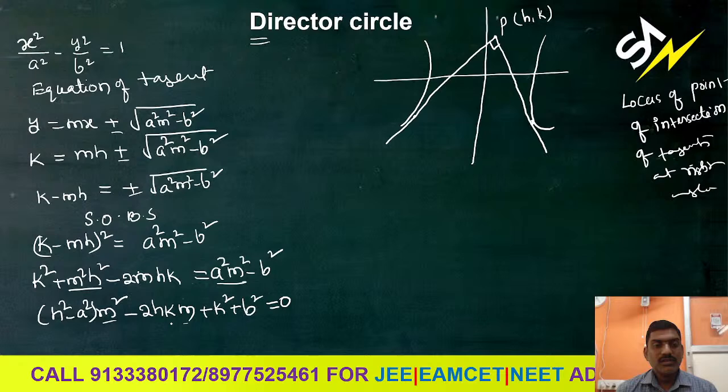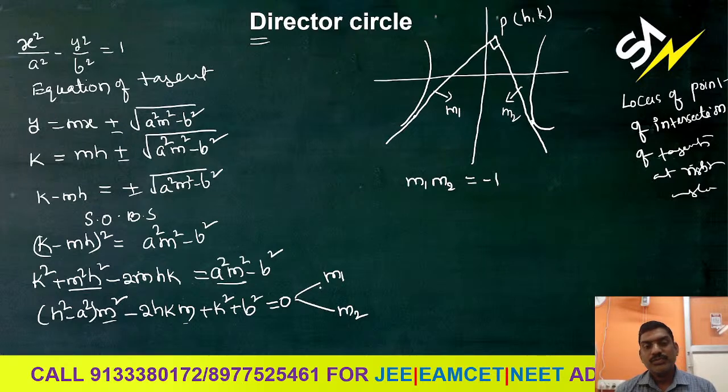It has two roots. Let us take m1 and m2. Here m1 is the slope of the first tangent and m2 is the slope of the second tangent. From the figure we know that the two tangents are perpendicular to each other, so the product of their slopes is minus 1: m1 times m2 is minus 1. What is m1 times m2?